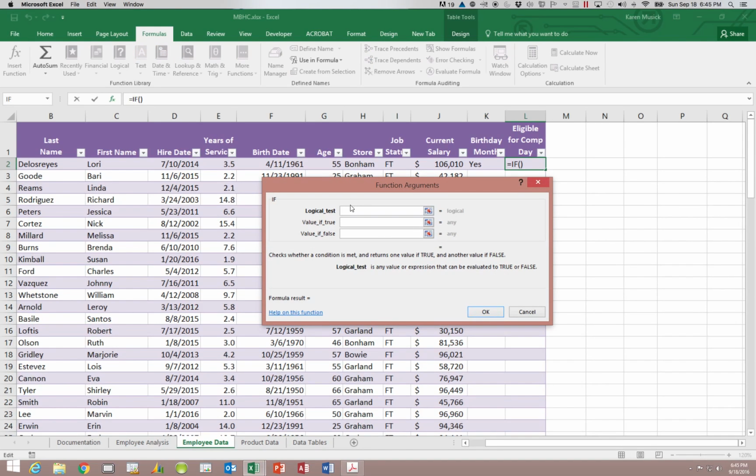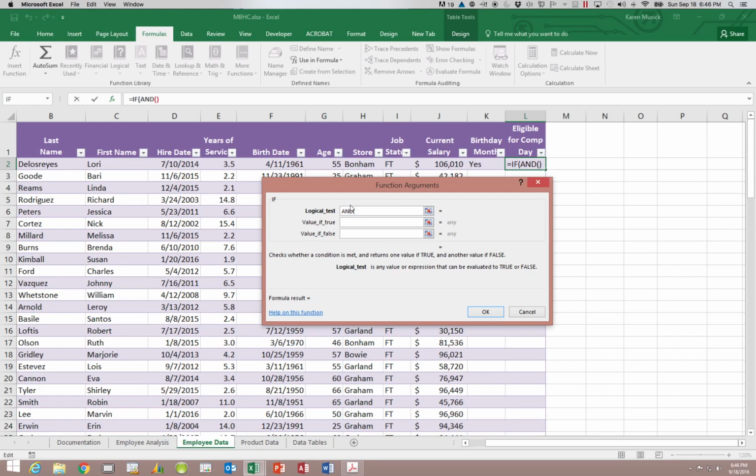Now the very first thing you have to do in your logical test is tell it that we are doing an AND. So you're going to start the and open a parentheses.